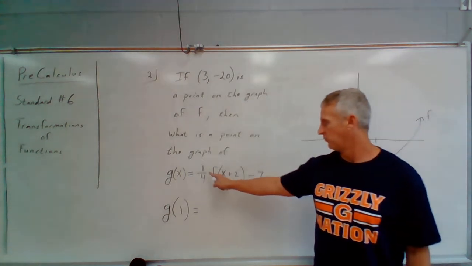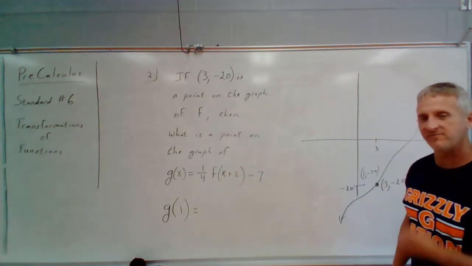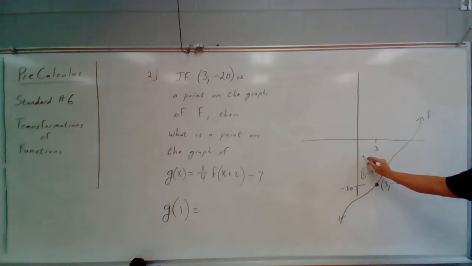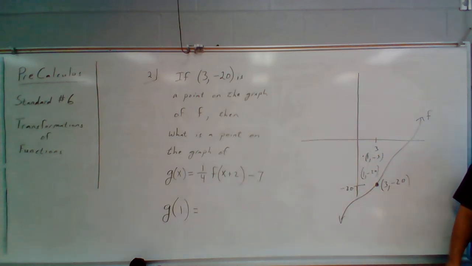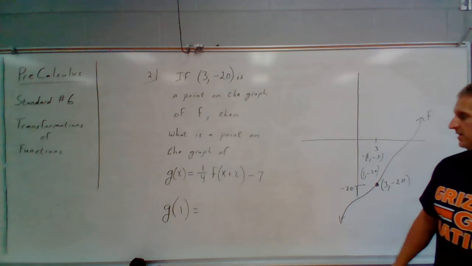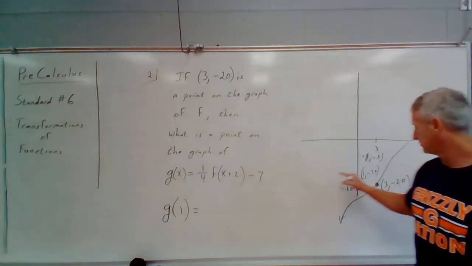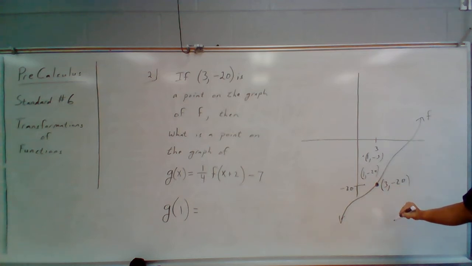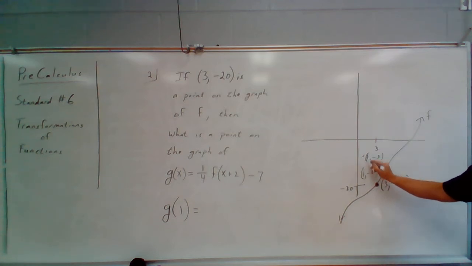Okay. The 1/4 will multiply the y value by 1/4. So instead of 1, -20, I'm going to have the point 1, -5. Okay. The -7 will shift that point down 7. So instead of 1, -5, I'm going to have the point 1, -7 after it goes down.